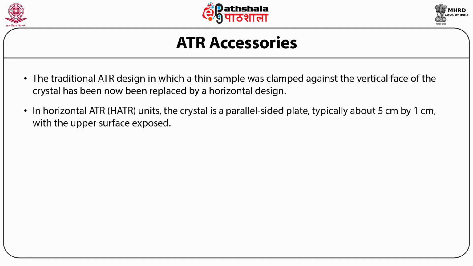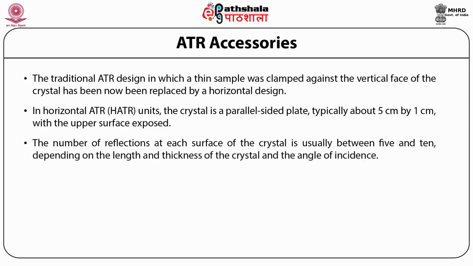In horizontal ATR, HATR units, the crystal is a parallel-sided plate, typically about 5 cm by 1 cm, with the upper surface exposed, as shown in the figure in the above slide. The number of reflections at each surface of the crystal is usually between 5 and 10, depending on the length and thickness of the crystal and the angle of incidence.